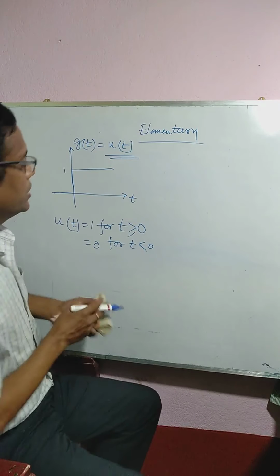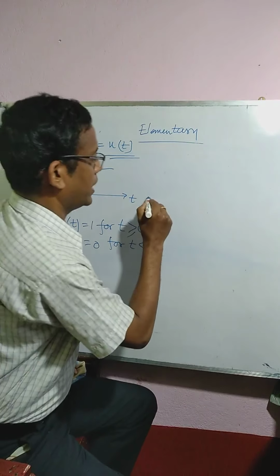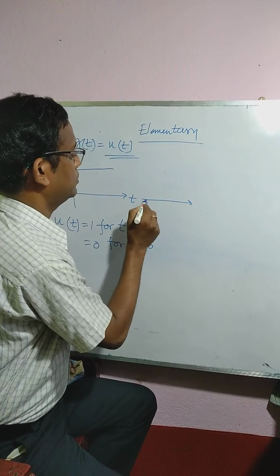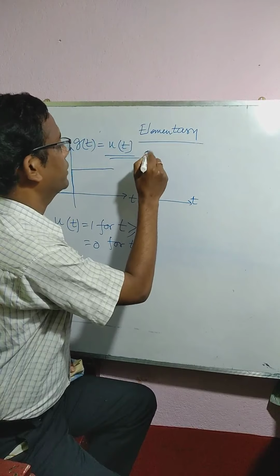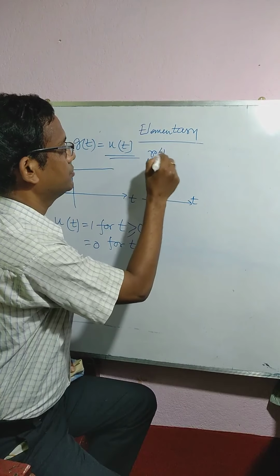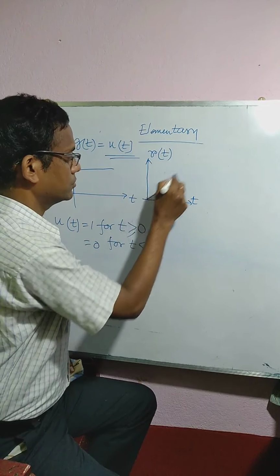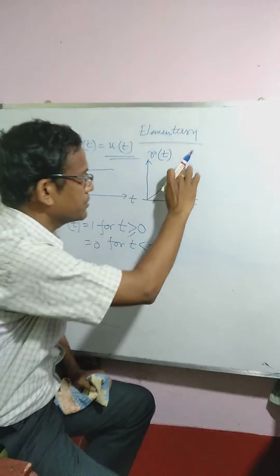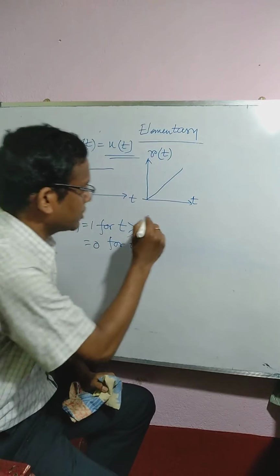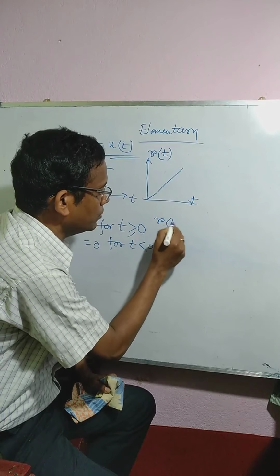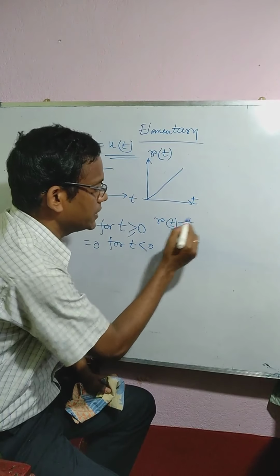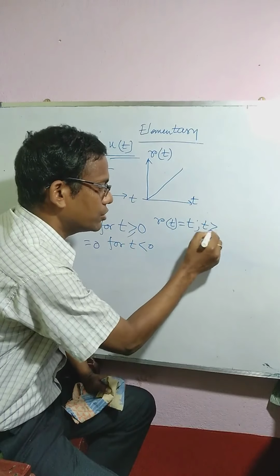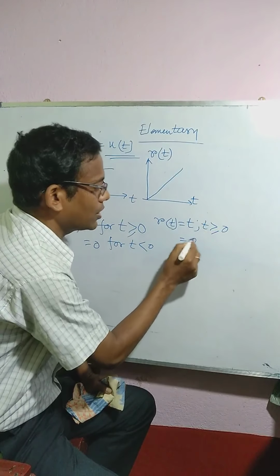In a similar way, there is another function, say r(t). How is it represented? This is the ramp function: r(t) equals t for t greater than or equal to 0 and 0 otherwise.